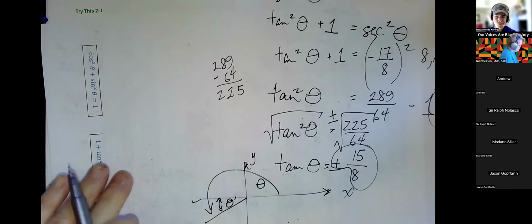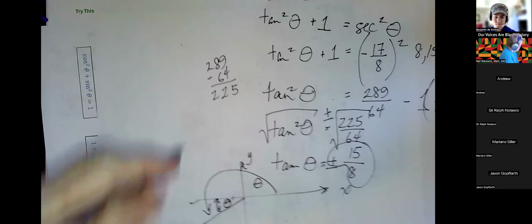So we were given secant theta is -17/8. In terms of the sides of a right triangle, what is secant theta? Hypotenuse over adjacent.